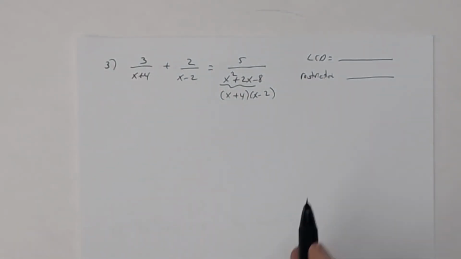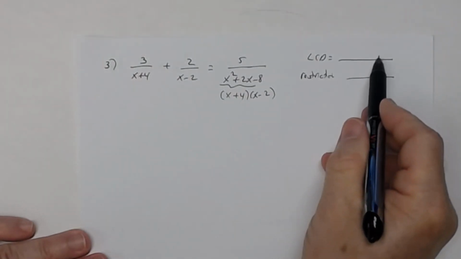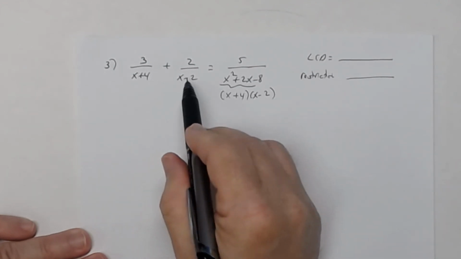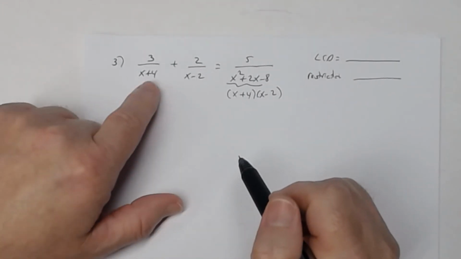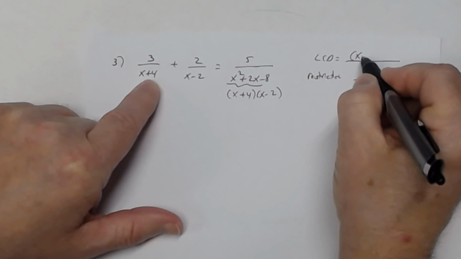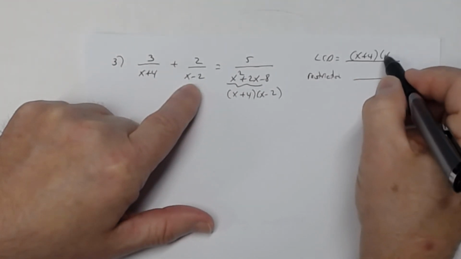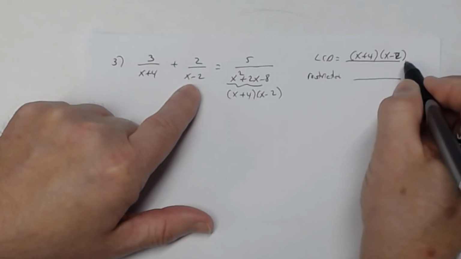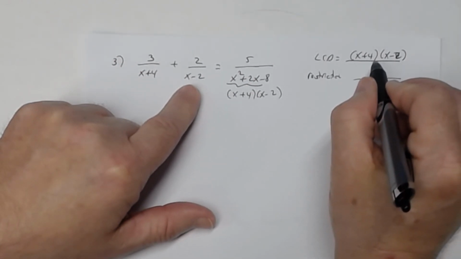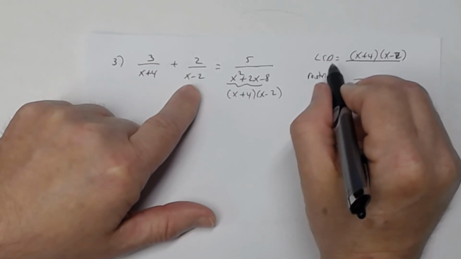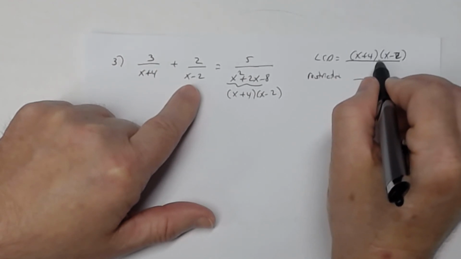So the LCD is going to be a product of factors, and it'll be the factors that you see in those denominators. So I see an x plus 4, that's going to be a factor in my LCD. I see an x minus 2, it's going to be a factor in my LCD. Notice though that remember the LCD is a product of factors, so don't put a comma here.